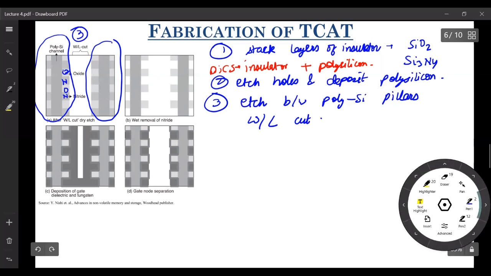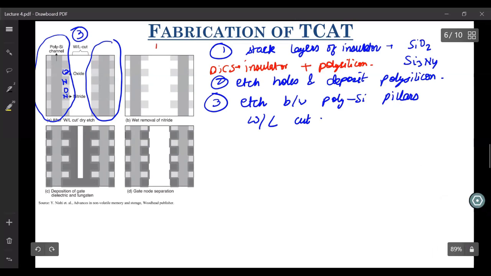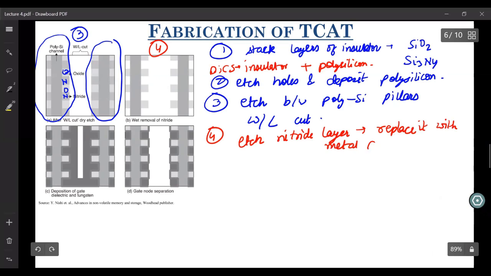Then what is your critical process here? Then you move on to this. Here you etch your nitride layer. Wherever your nitride layer was, you have to replace it with metal control gate. So first you etch the nitride layer.